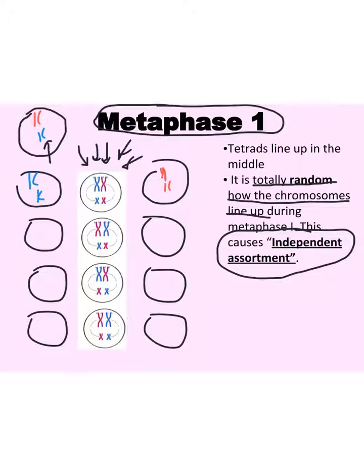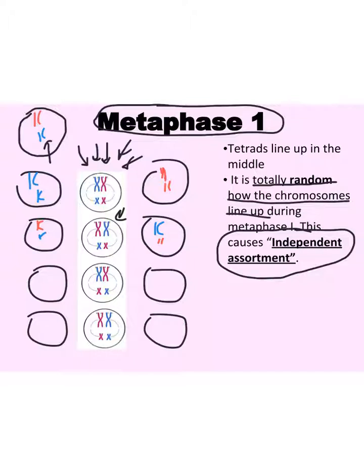On the very next one, you can see it happened a little differently on this next cell right there. On this one, we got a big red and a little blue, and on the other side, we got a big blue and a little red.